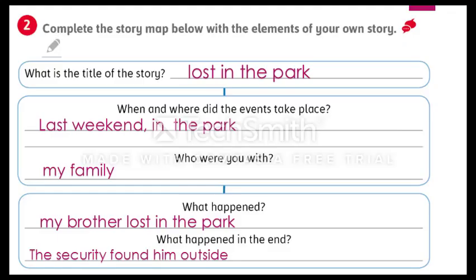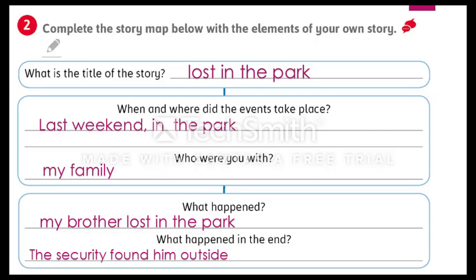Now let's go to our workbook, activity 2. Complete the story map below with the elements of your own story. What is the title of the story? Lost in the Park. When and where did the event take place? Last weekend in the park. Who were you with?